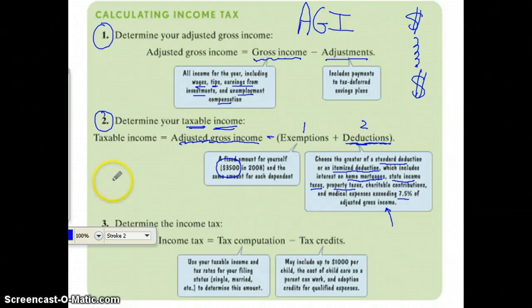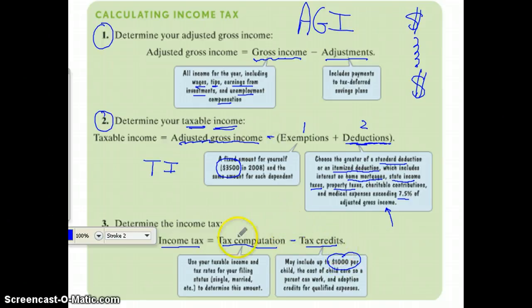Okay, so there you are. Step number 1, AGI. Step number 2, your taxable income. I call it TI. And step number 3, determine your income tax. Now, the way you determine your income tax is you find your computation and you subtract from that any tax credits. So it could be $1,000 per child.